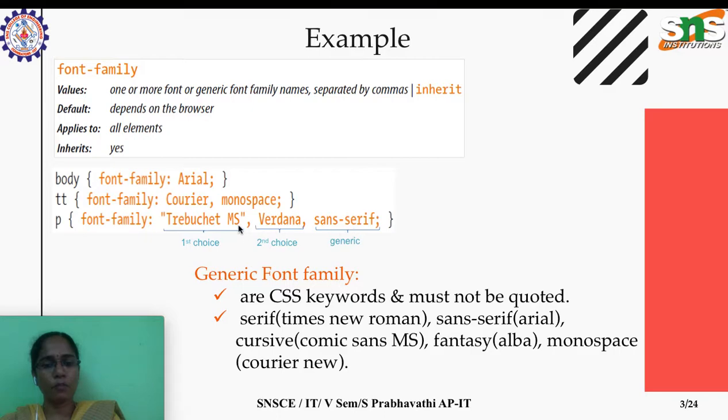So we could mention more than one font. See here, the TT element takes two font families, Courier and Monospace. Courier is the first choice, and if Courier is not supported, it will go for the Monospace font.